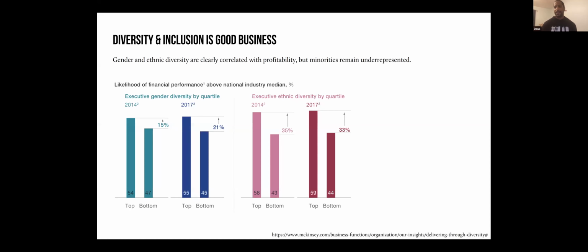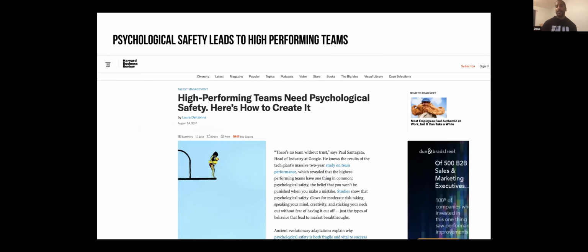And also, it's against the law to not design accessible sites. So that's also good business. Companies may want to save their money on lawsuits that may come up. And also, in the case of psychological safety, it leads to high performing teams.